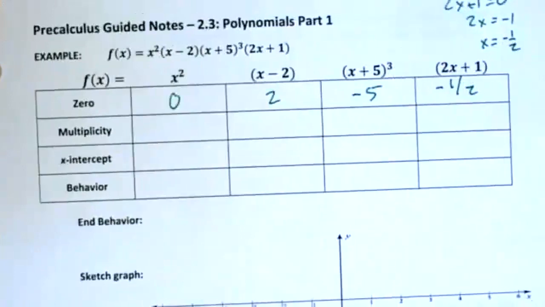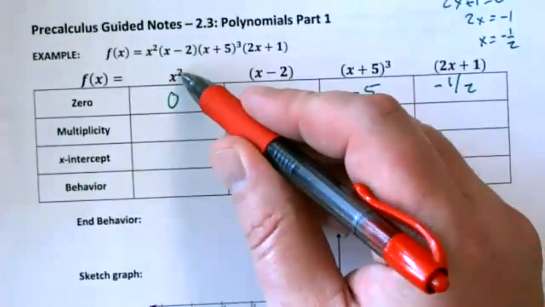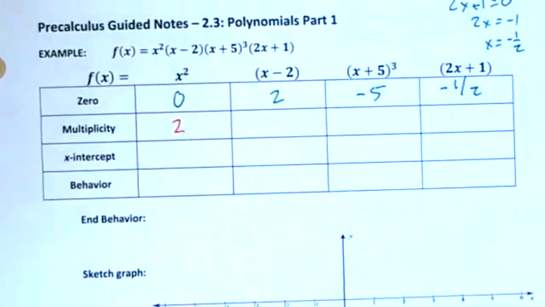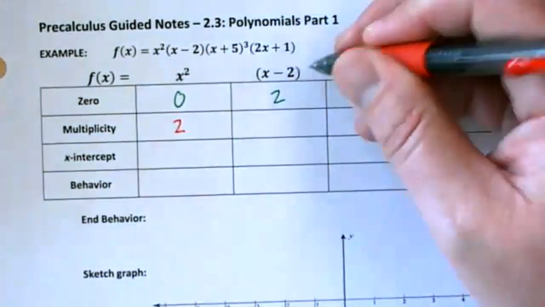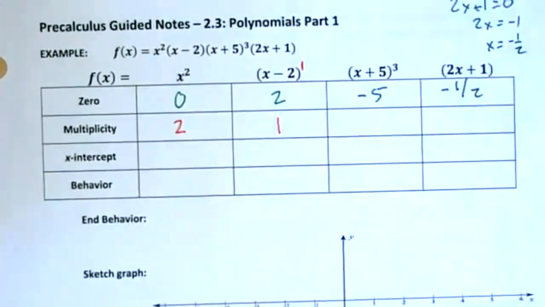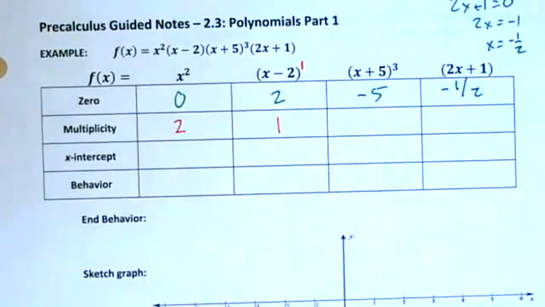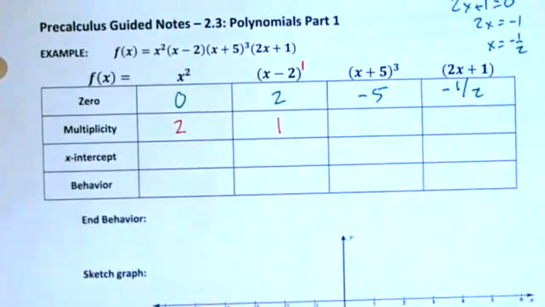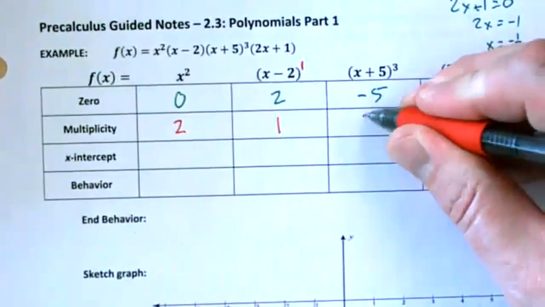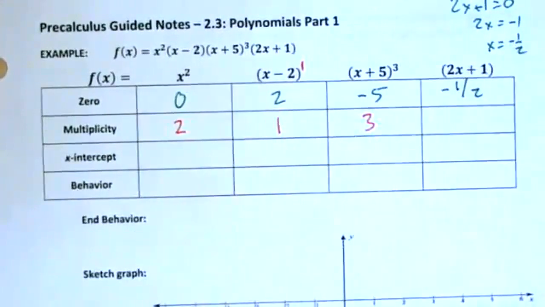So when I look at this x squared, because of this exponent of 2, my multiplicity would be 2. x minus 2 is a factor. We don't usually write the exponent when it's a 1. So it has a multiplicity of 1. What's my multiplicity when I'm talking about the 0 at -5? It has a multiplicity of 3. And this last 0 has a multiplicity of 1.